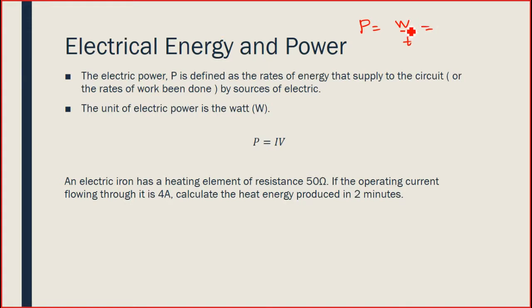Based on our definition, work is QV divided by time. Now Q divided by T, I have mentioned this to you, Q over T is current. So power is equal to current multiplied with voltage. This is the derivation. This is very simple.